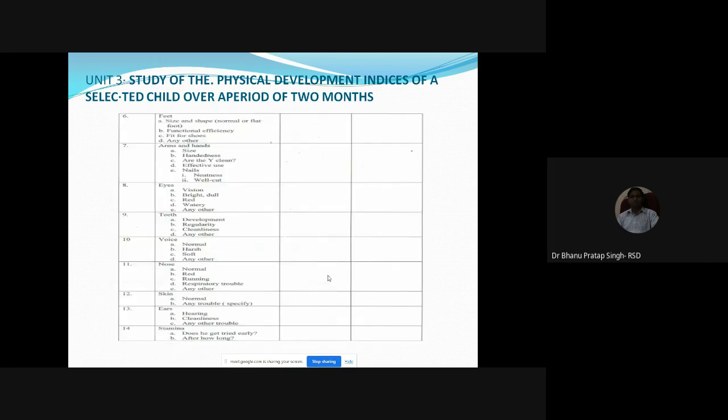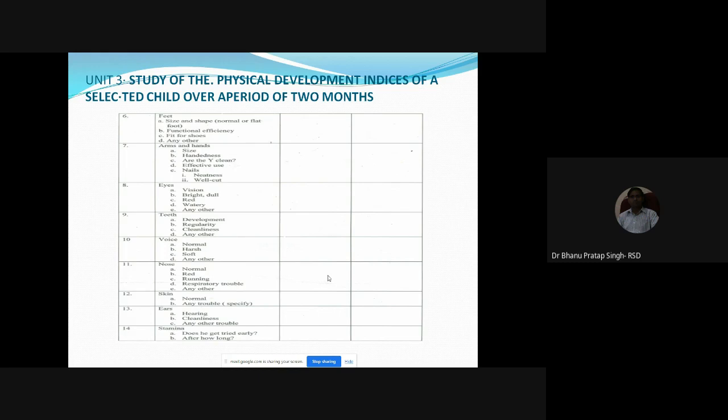Next, feet means what is the size of feet and shape, normal or flat. Functional efficiency, fit for shoes. You can even write the shoe number, whether it is one number, two number or three number. Or if the feet increase, then definitely the shape of shoes will also change.